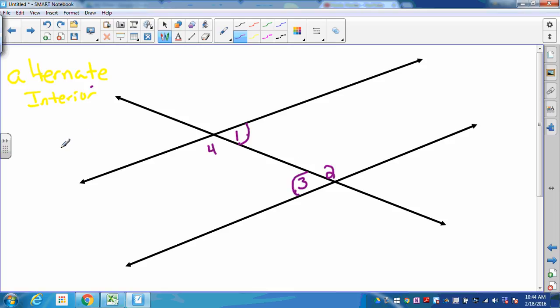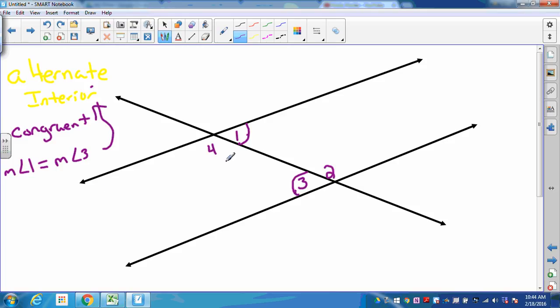Now, the special thing about alternate interior angles is that they are congruent. So what we would say is the measure of angle 1 equals the measure of angle 3 because they are alternate interior angles.